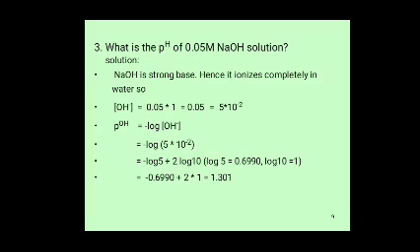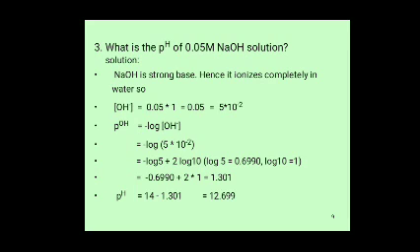First of all you find the pOH value. pOH is equal to minus log of OH minus ion concentration, minus log 5 into 10 to the power of minus 2, which is minus log 5 plus 2 into log 10, minus 0.6990 plus 2, that is equal to 1.3010. Now you find the pH value of the NaOH solution.